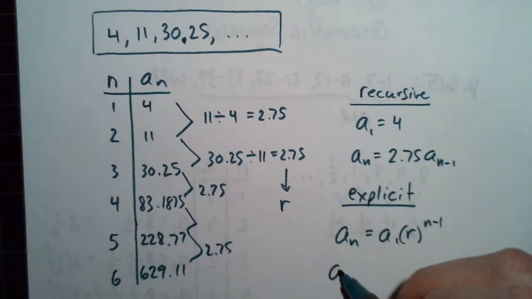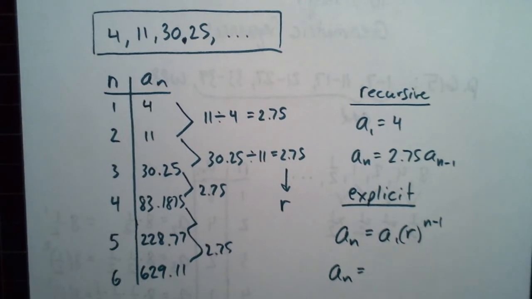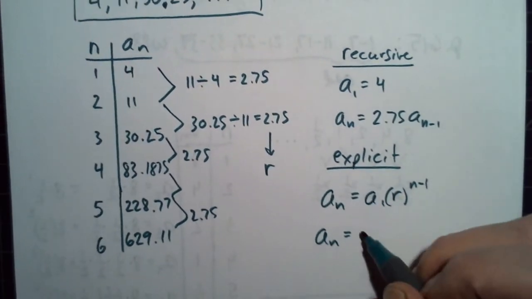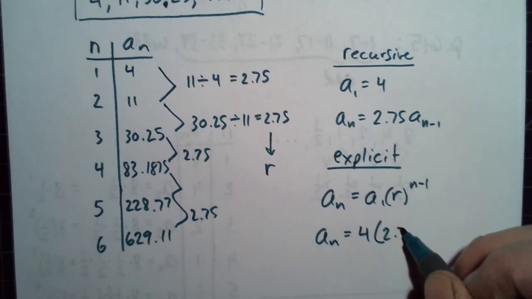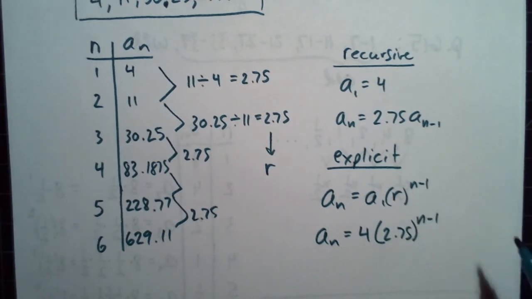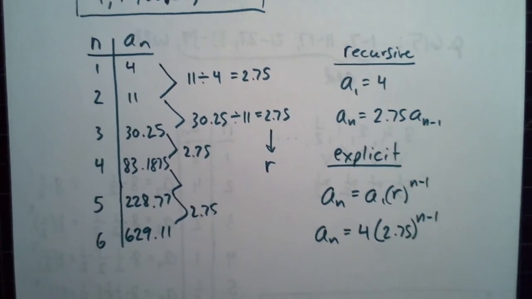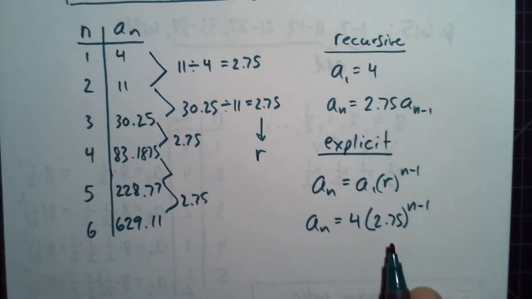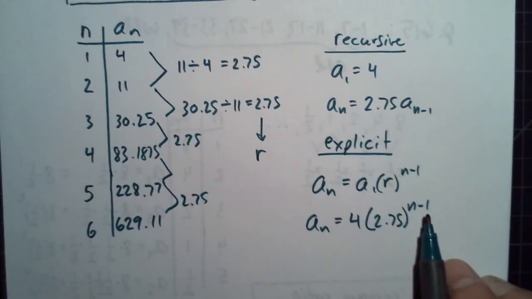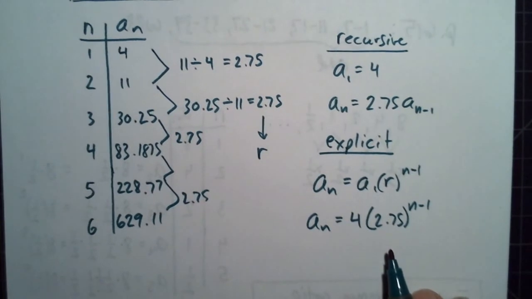So that's going to be 4 r to the n minus 1. And we could continue, we could rewrite that to get rid of that minus 1 there, but for now just leave it the way it is.